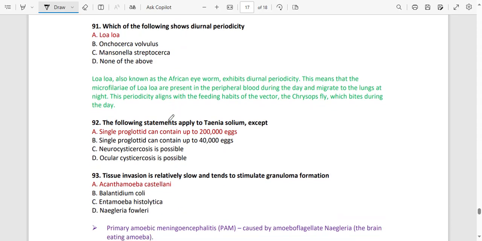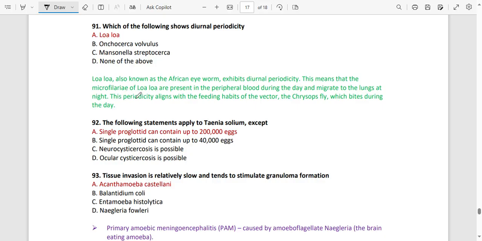Which of the following shows dual periodicity? Loa loa, Onchocerca volvulus, Mansonella streptocerca. Loa loa, this African eyeworm, exhibits dual periodicity. This means that the microfilariae of Loa loa are present in the peripheral blood during the day and migrate to the lungs at night.